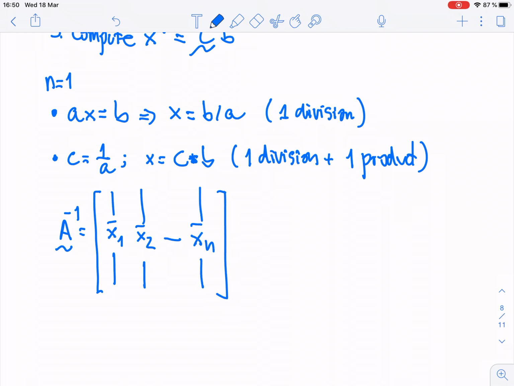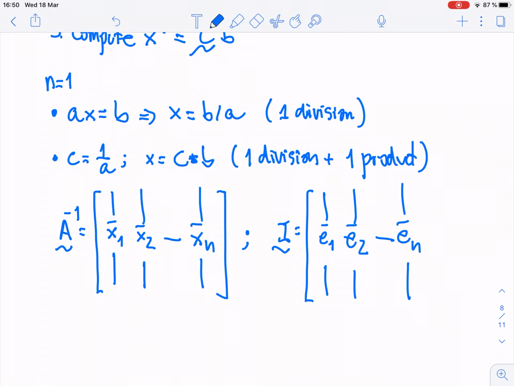Let us also think of the identity matrix I as composed of its first column, second column, third column, and so on.